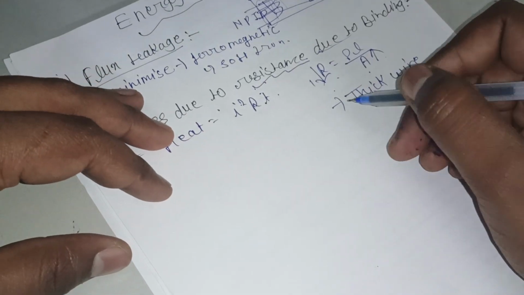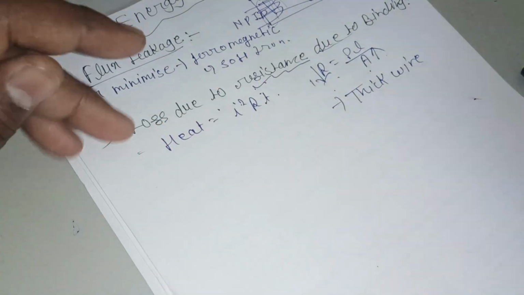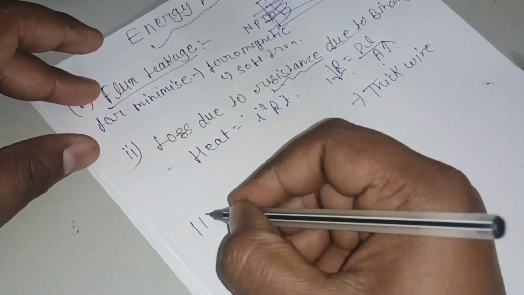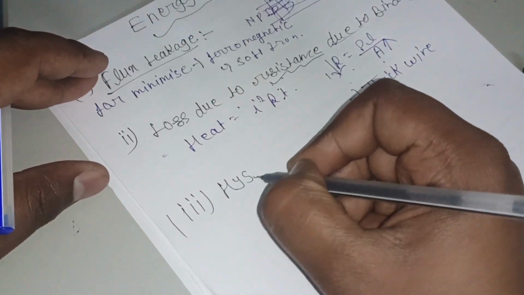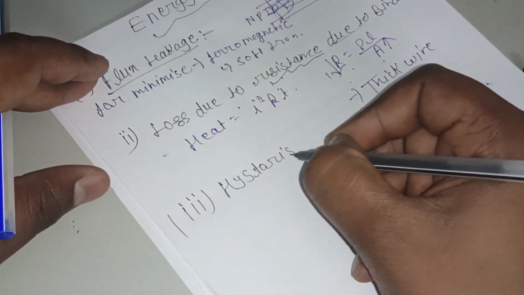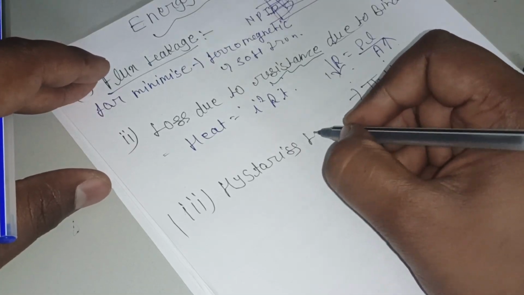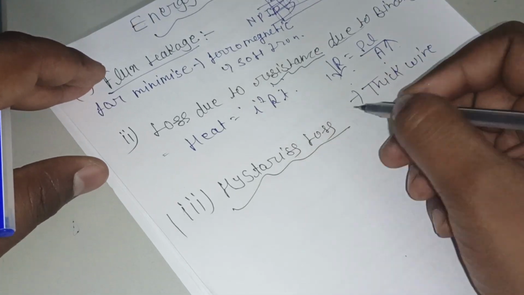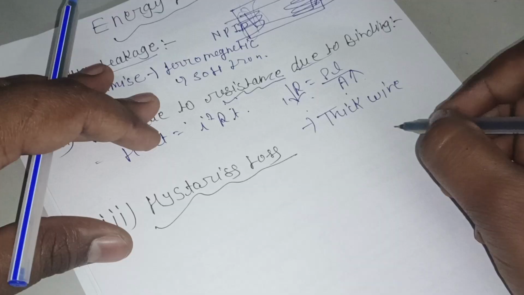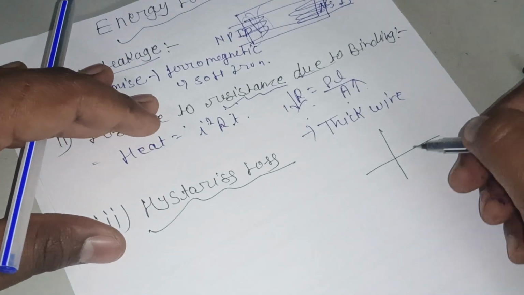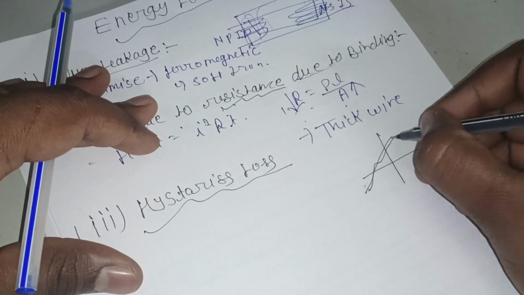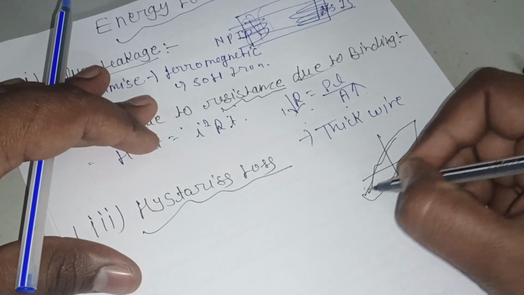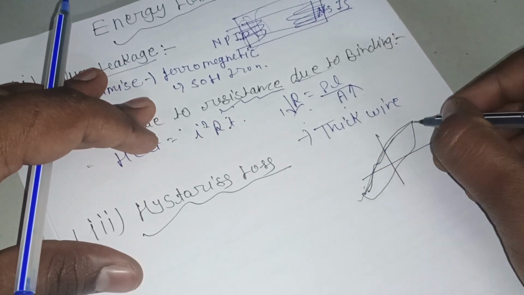Okay, so the third loss is hysteresis loss. I'm not sure about the spelling, please make sure of it from your side. So here is one diagram of hysteresis loss. It is just something like this. I'm not sure about the diagram.